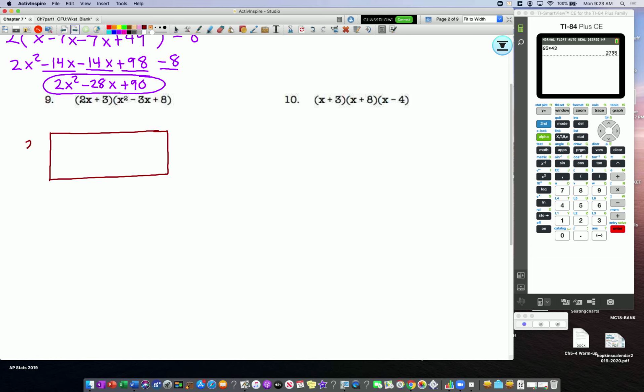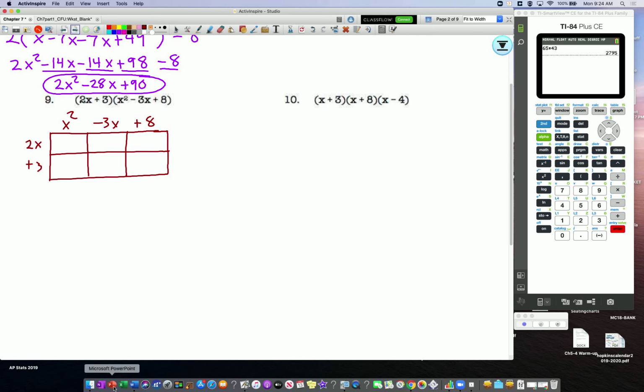So along the side here, I'm just going to go 2x and plus 3. And then along the top I can go x squared minus 3x plus 8. I can't do FOIL here because I would do first, outer, inner, last, and I'd forget a couple multiplications.